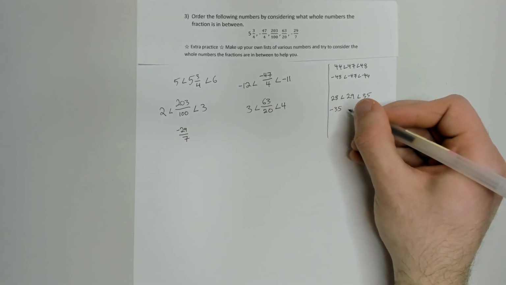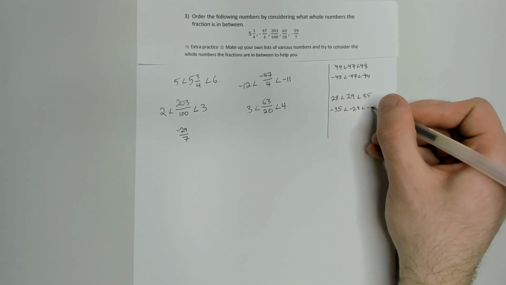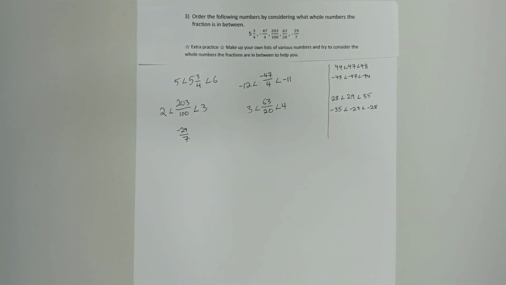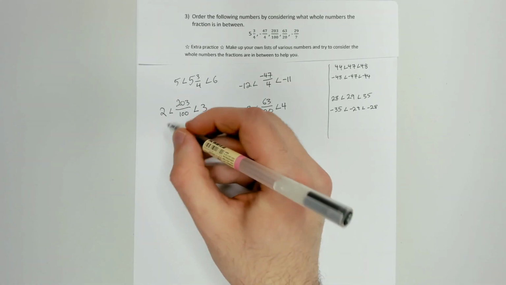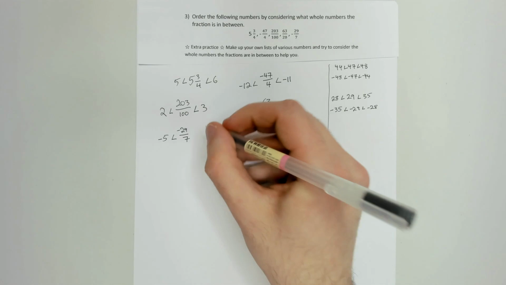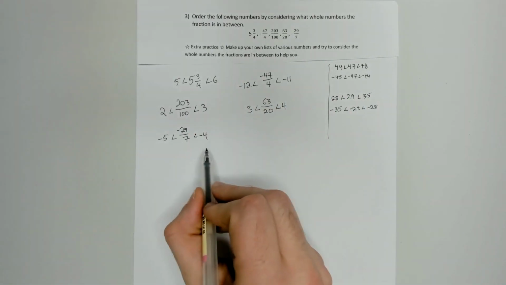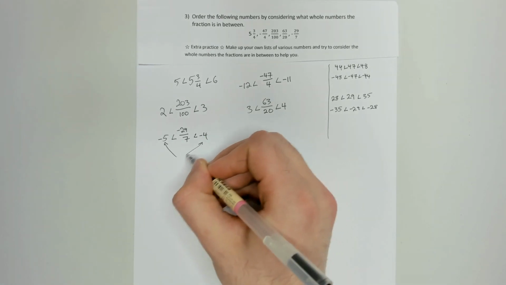So negative 35 comes before negative 29, which comes before negative 28, as we're approaching 0 from the negative side. So that means over here we're going to have negative 35 over 7, but negative 35 over 7 is just negative 5. And then over here, we're going to have negative 28 over 7, but that's just negative 4. So the two whole numbers that negative 29 over 7 is between are negative 5 and negative 4.